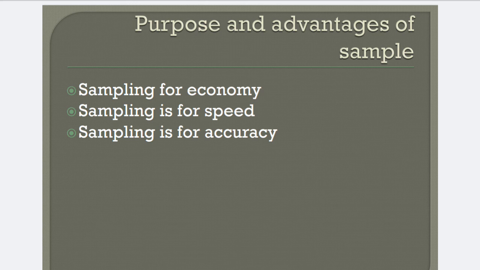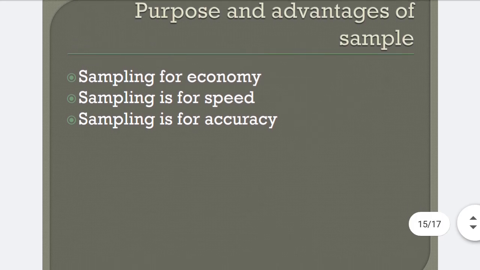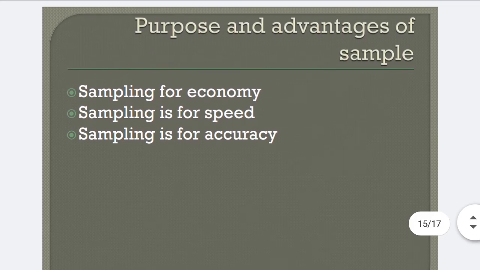Research without sampling may be too time consuming. And the third one is sampling for accuracy. If it takes too long to cover the whole study population, this may lead to inaccuracy. Research must be finished within a reasonable period of time so that the data are still true, valid and reliable.